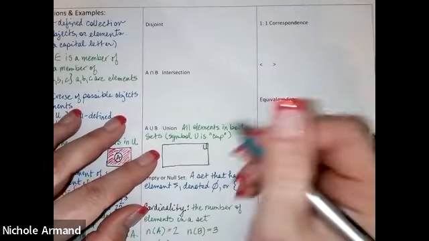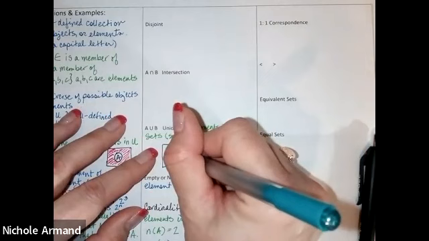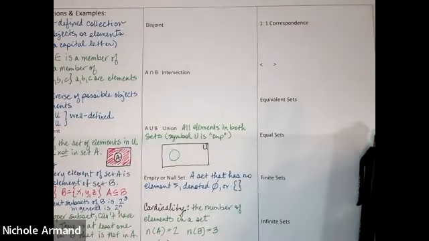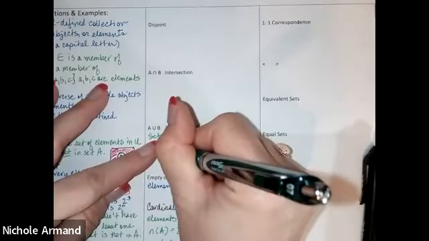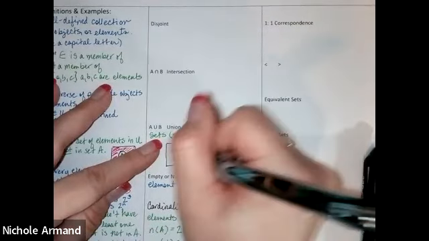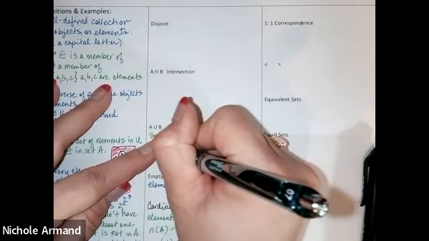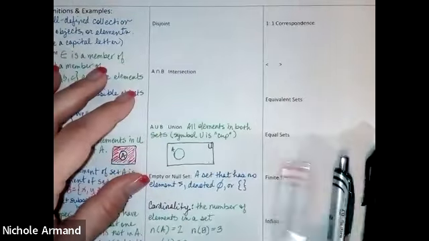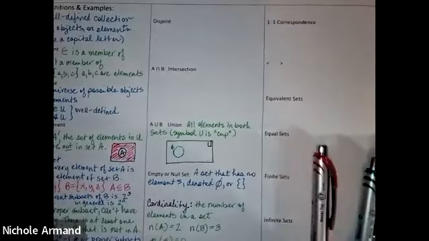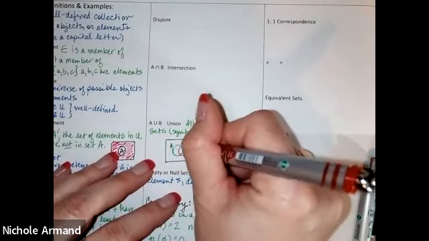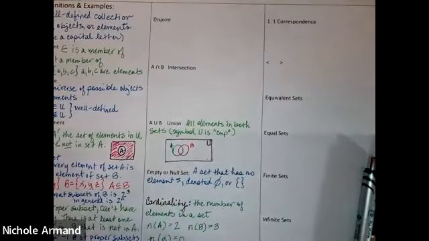So if this is set A and this is set B, it really doesn't matter here if the 2 sets have any overlap.